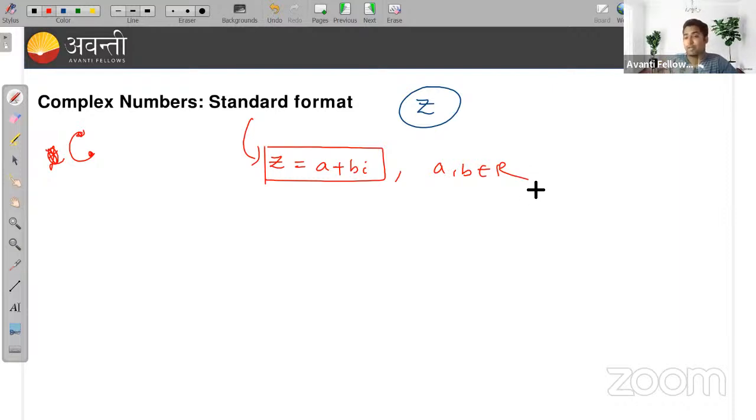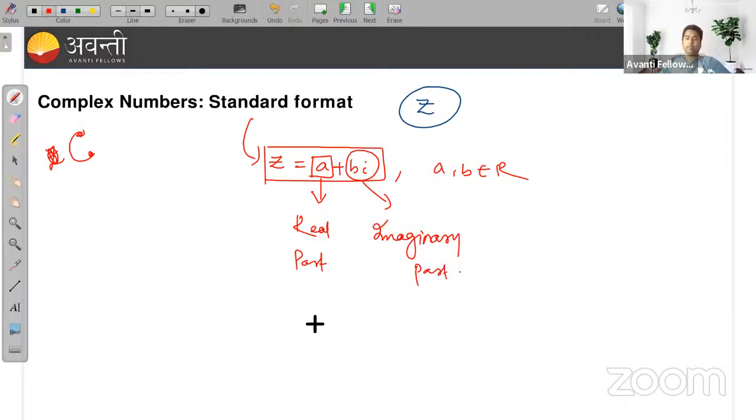One more thing: a is called the real part and b is called the imaginary part. Remember, a and b are real numbers, a is the real part and b is the imaginary part.